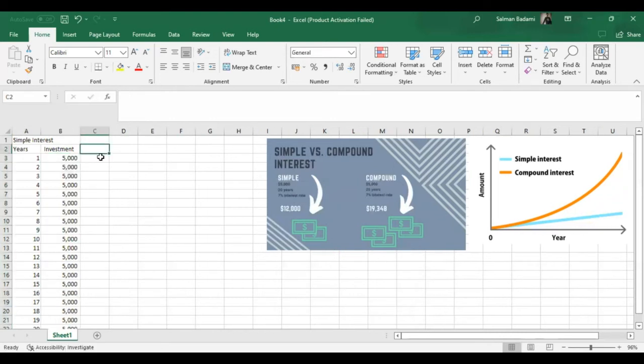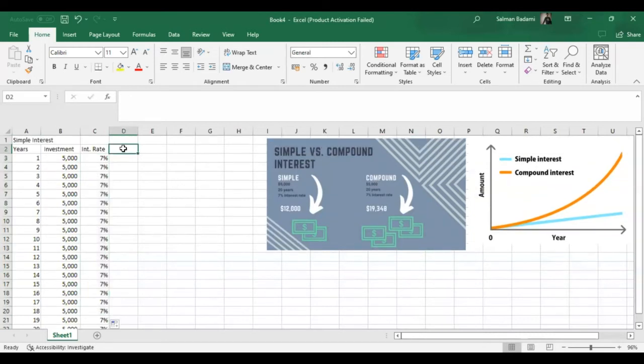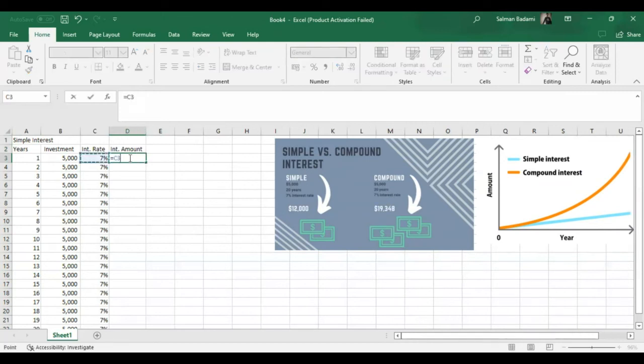And the interest rate is 7%. So let's check the interest amount which we will get for every year. Simply we will take our investment times the interest rate. So we will be getting an interest of 350.